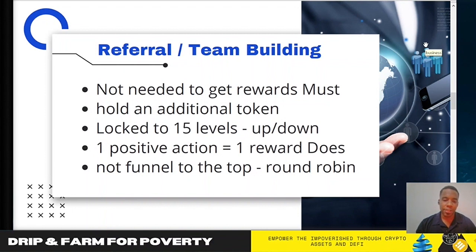It only looks for the next person within the system who has not received a reward, and it does a round robin search up or down 15 levels to determine who's next. And if it gets to 15 levels, it just cycles back around.